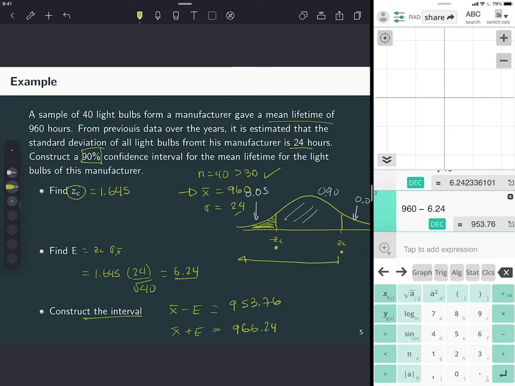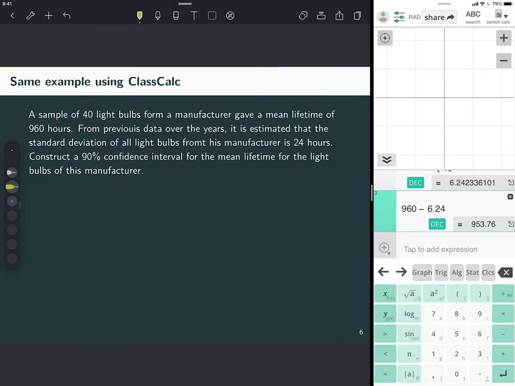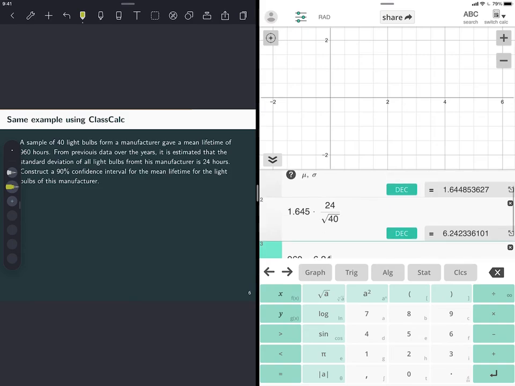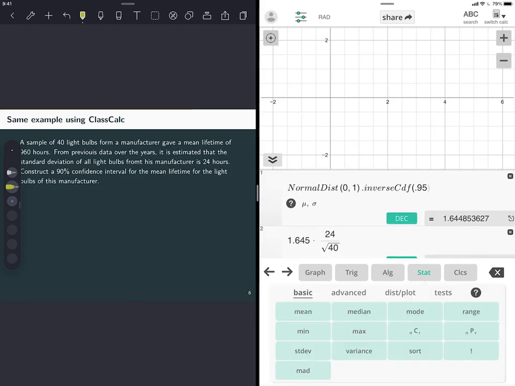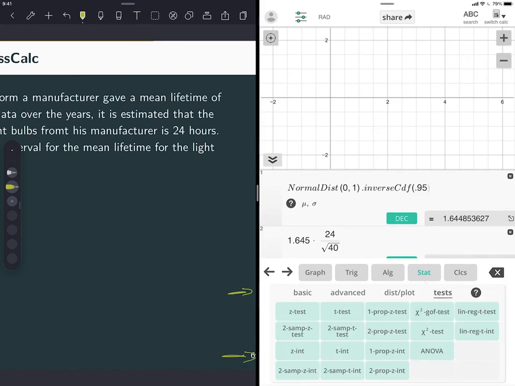In fact, we need to know how to do this with the formulas, but the calculator can do the whole thing for us. So I'm going to show you how to do that. On the stat button, if I scroll over to where it says test, I'm not using the test right now.